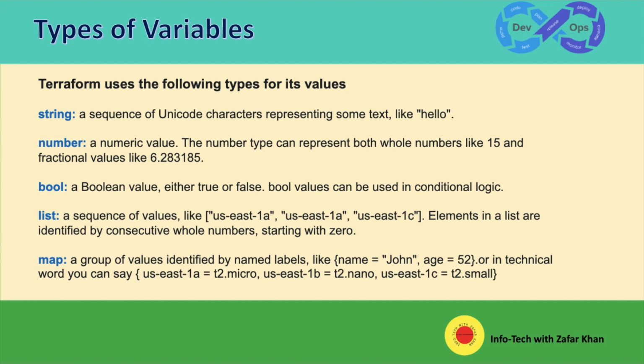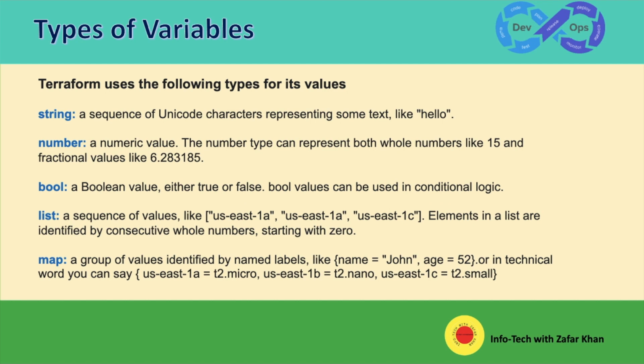We can specify 1 and it will be converted to true. So 0 means false, 1 is true, with the double quotes. Remember it. Note, if you don't define the variable type, then by default it will pick up string.